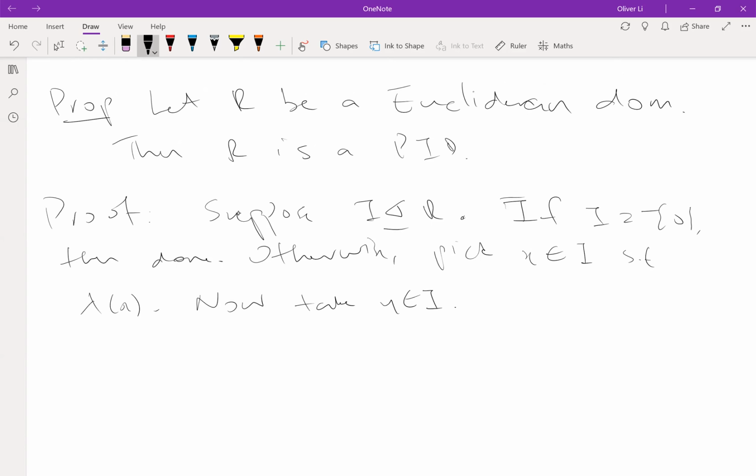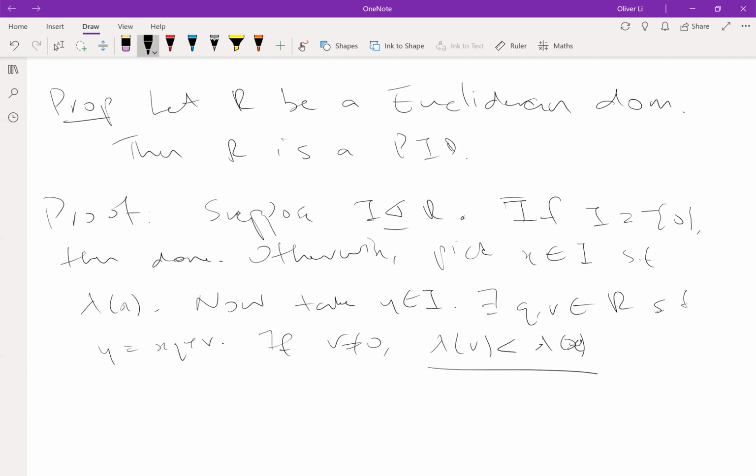There exist q, r members of R such that y is equal to xq plus r. If r is non-zero, then we have the assumption that lambda of r is strictly less than lambda of x, which contradicts the minimality of x.